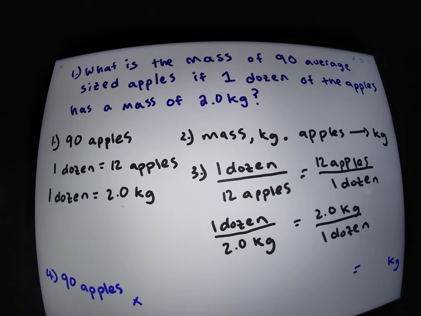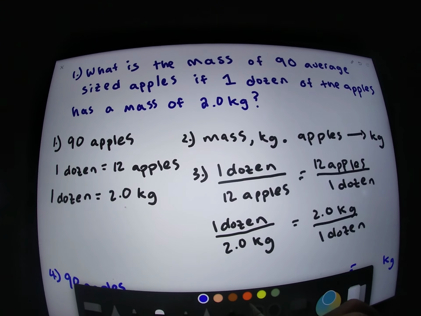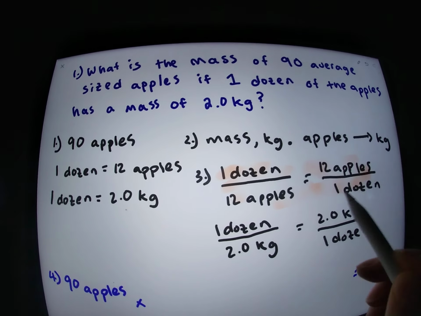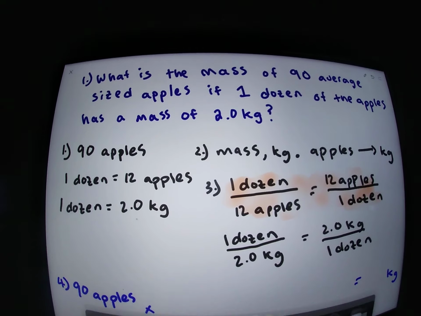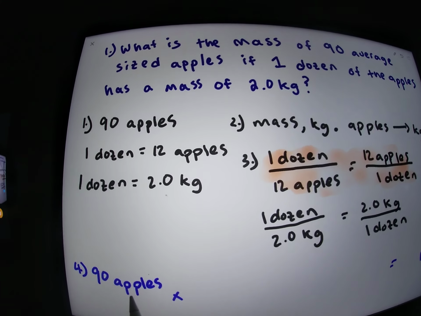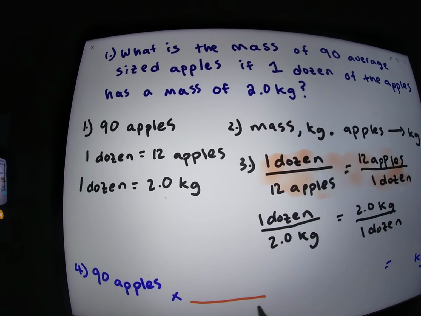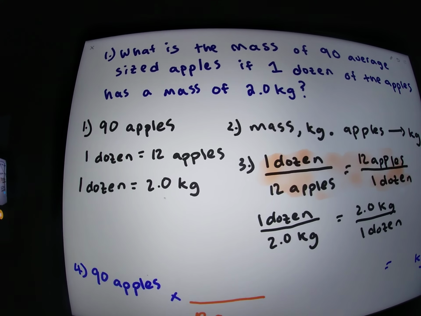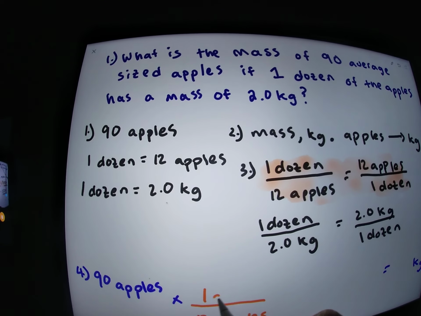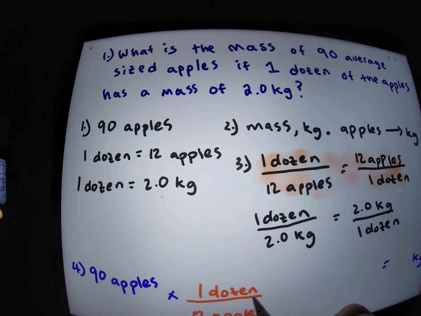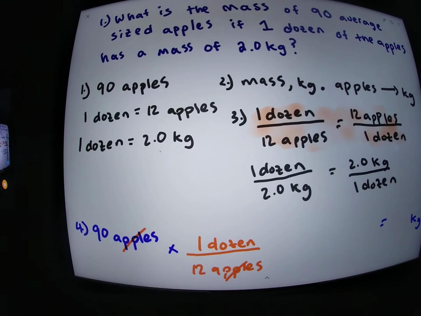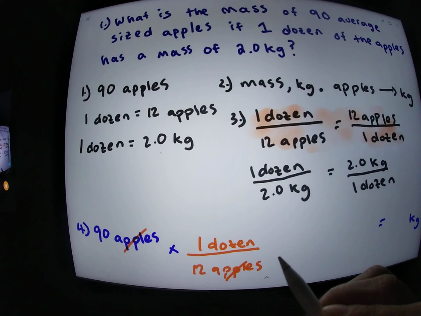So we're going to figure out which conversion factor to use. Since apples is on the top over here, we want them to be at the bottom down here. So 12 apples under 1 dozen. Those apples cancel out. Now we're at dozens.